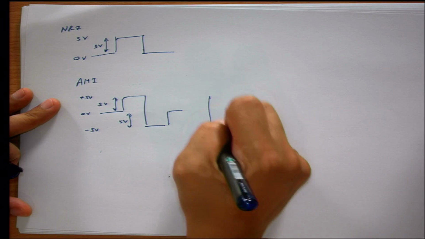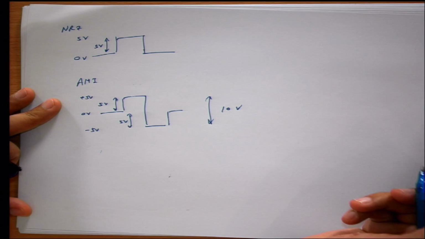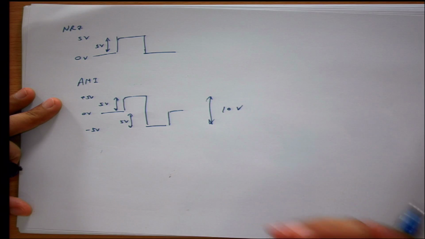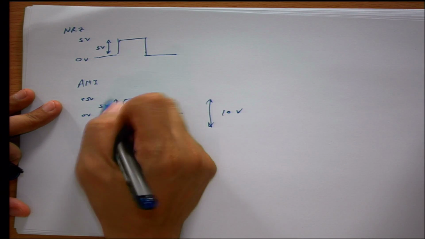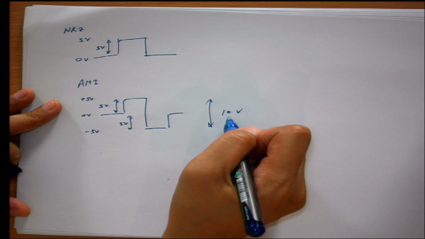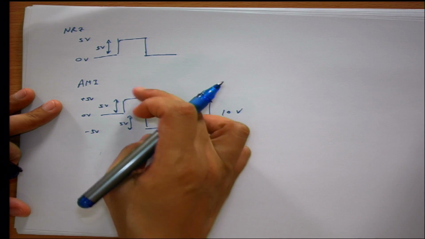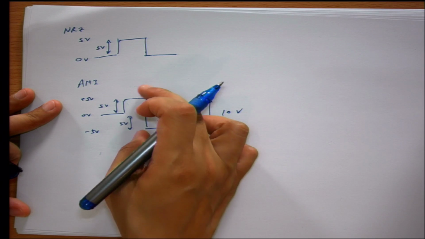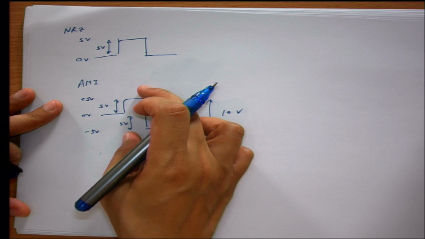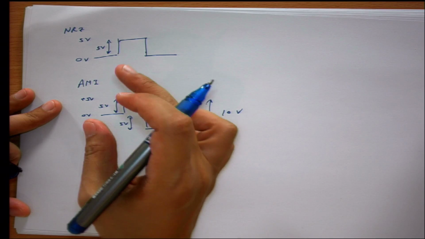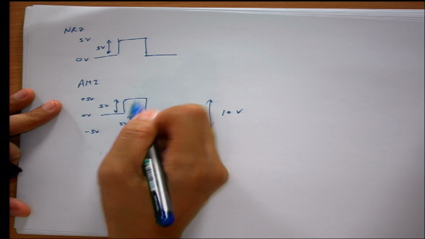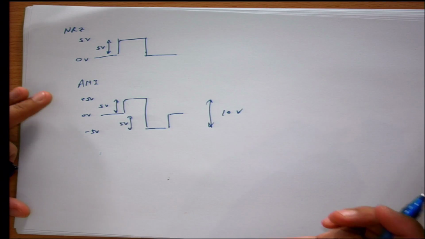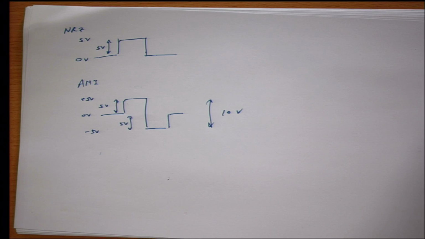But you see that the total here is 10 volt that you have to use, from minus 5 to plus 5. This means that to have the same separation, intuitively you have to use more power. You have to use higher total amplitude, or higher power, to represent AMI than NRZ, so that you can differentiate between the 2 adjacent levels of the signals. So that's why you need more signal power than NRZ.